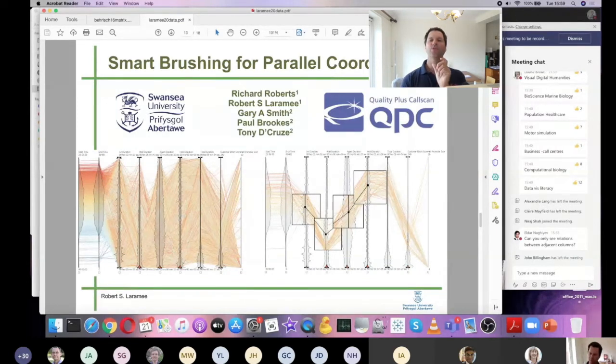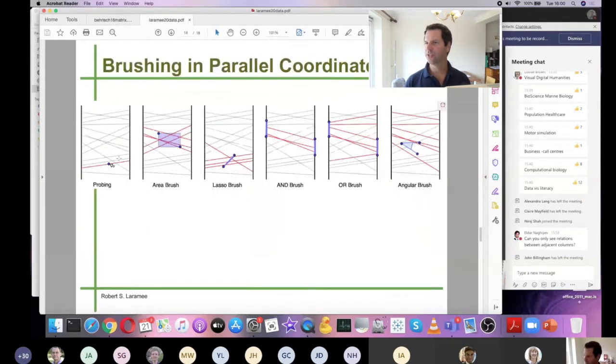But as soon as you can start to interact with the visualization, it is possible to see relations between more than one non-adjacent columns. But it does get more difficult as the columns get further and further apart. I hope that the demo video provides some insight into this question. So let's look at the demo video.